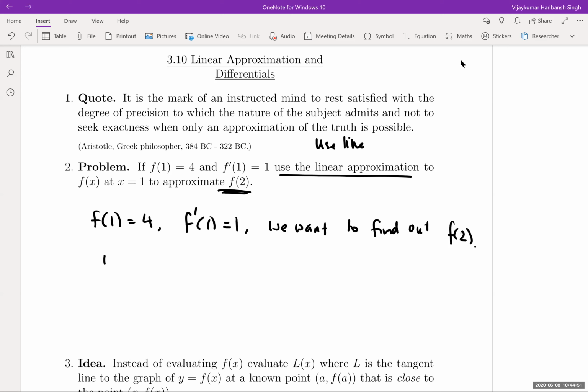But we do not know f of x. So if we do not know f of x, the function, how can we find f of 2? All right. So we cannot know f of x exactly. So we want to find an approximation. Let me justify the word linear approximation.